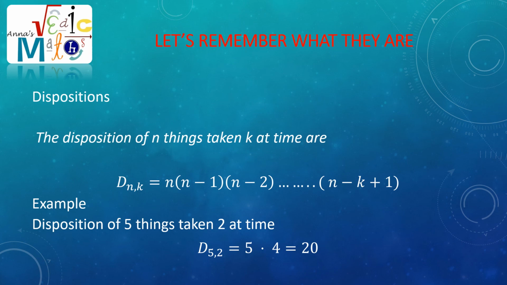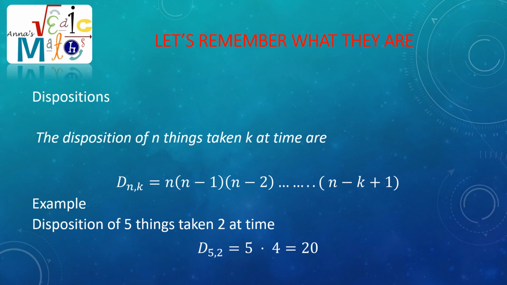What are dispositions? In the disposition, we take care of the order of the elements. So AB is different from BA. The disposition of n things taken k at a time is n multiplied by n minus 1 multiplied by n minus 2, until n minus k, the number of the elements of the group, plus 1.